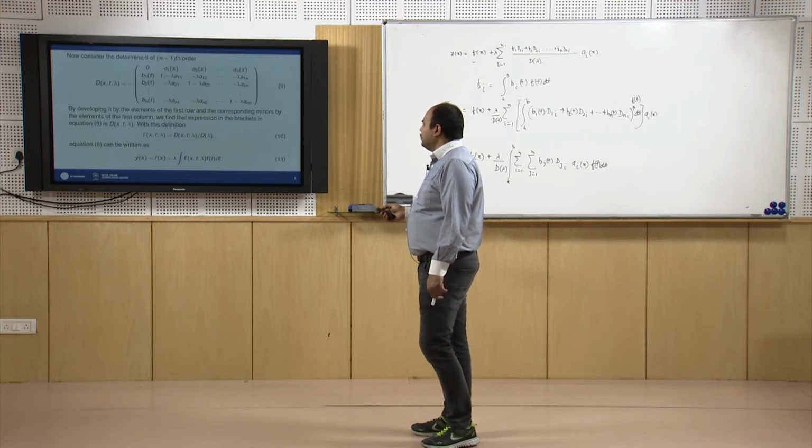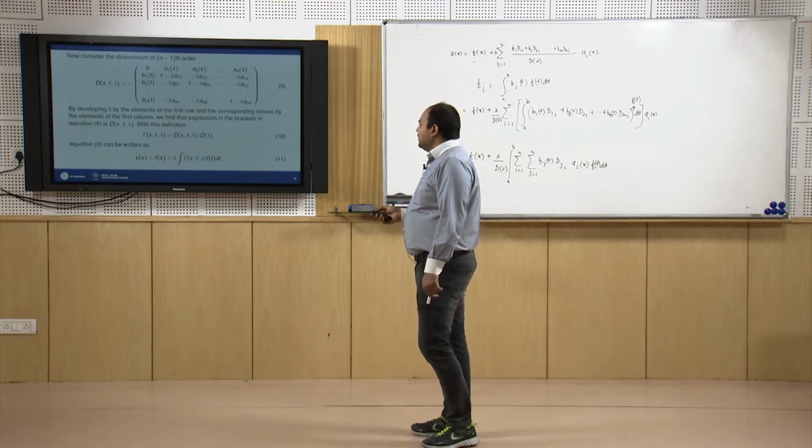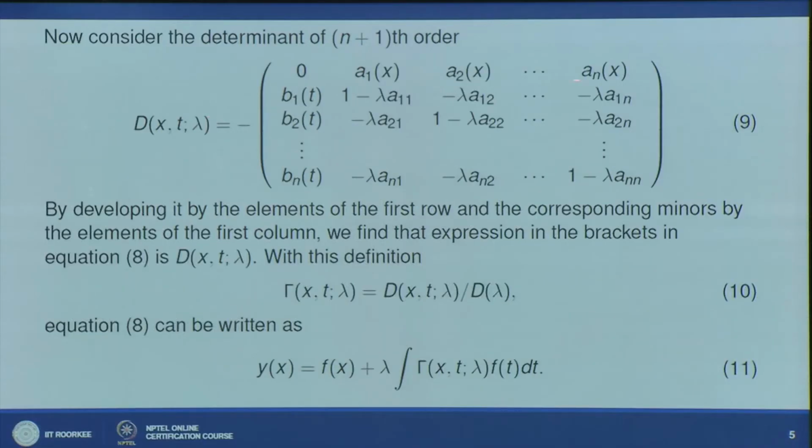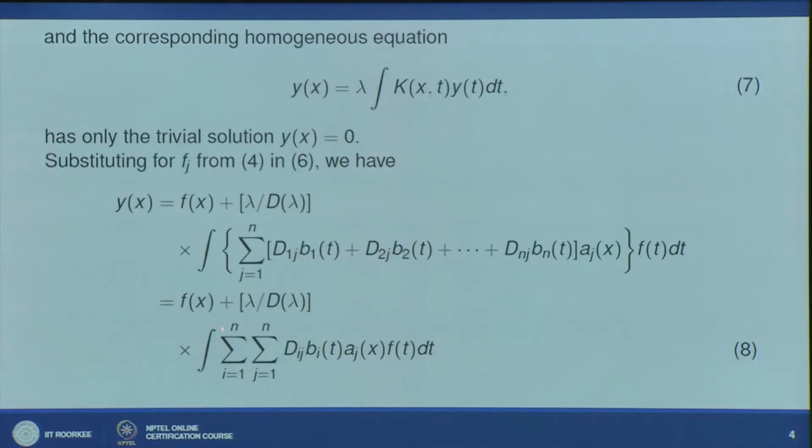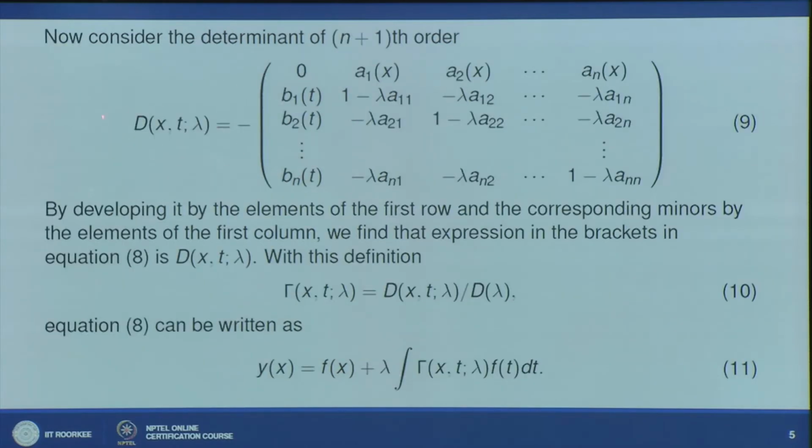Now by using this, if you expand this D(x, t, lambda) along your first row, then you will see that the term written in this summation, summation i equal to 1 to n, summation j equal to 1 to n, dij b_i(t) a_j(x), can be written as this single expression D(x, t, lambda). So let us look at how.